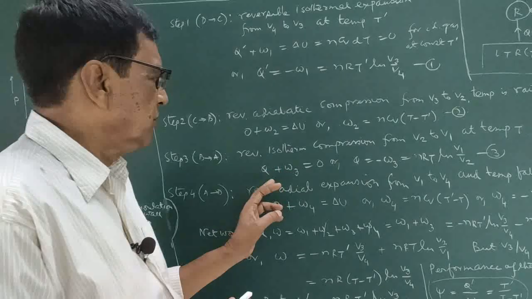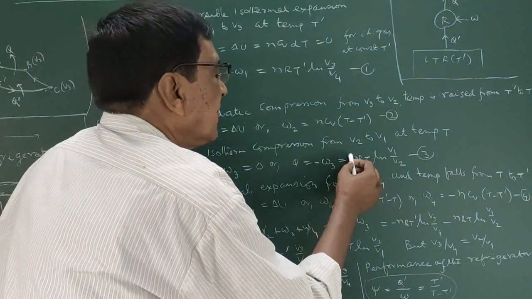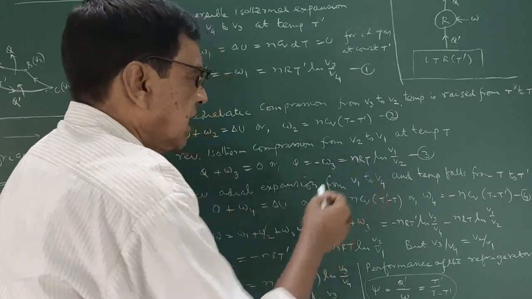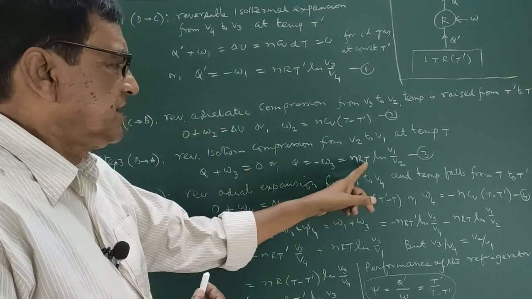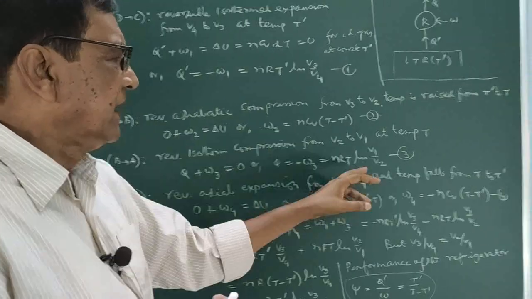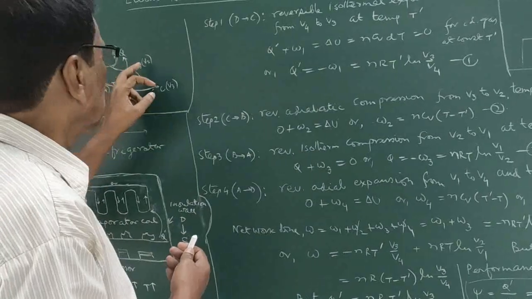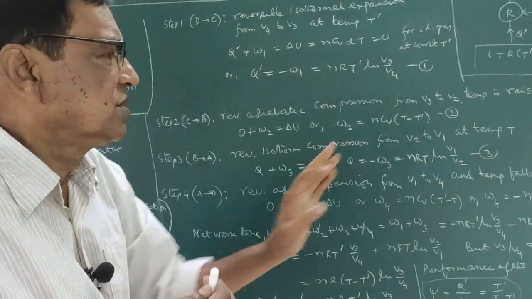So Q equal to minus W3 equal to nRT, here temperature T at which this process is occurring, ln V1 by V2. V1 is the final volume, V2 is the initial volume, so equation number 3.